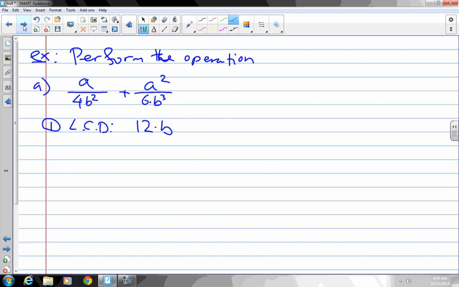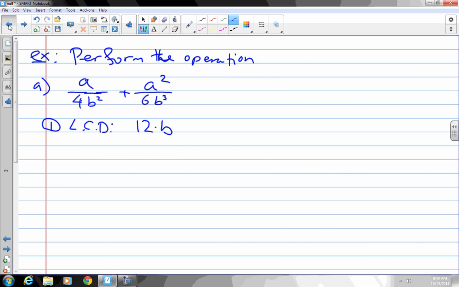Forget about the b's. What would be the common denominator for these two? 4 and a 6? No, it's not the least common. Yeah. So, we did 4 and 6 on Friday.